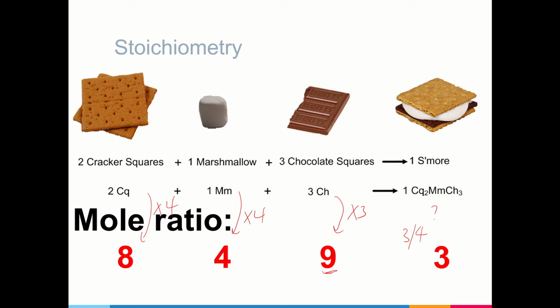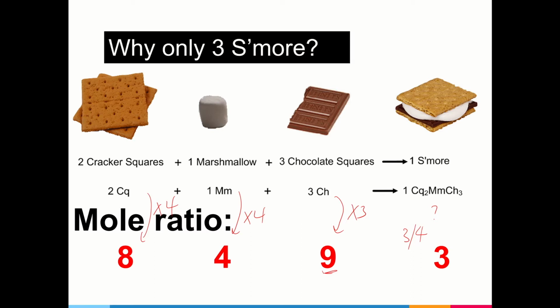This means that this is the one that is affecting my product, my final yield. Why only 3 s'mores? Because this is my limiting reagent. For my cracker squares and marshmallows, I only need 6 and 3, which means I have 2 excess cracker squares and 1 excess marshmallow.